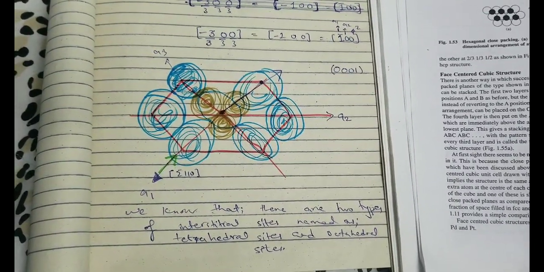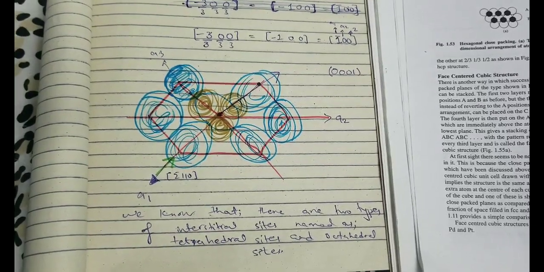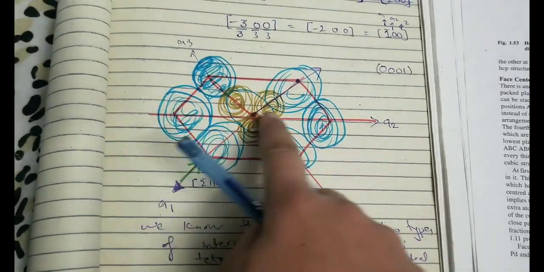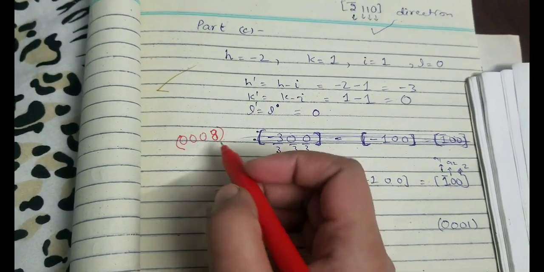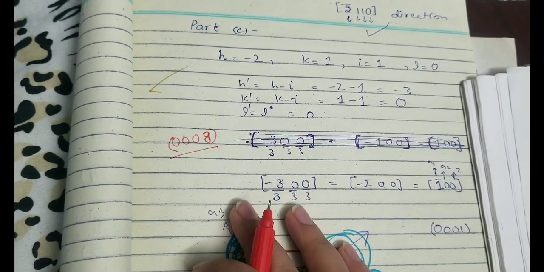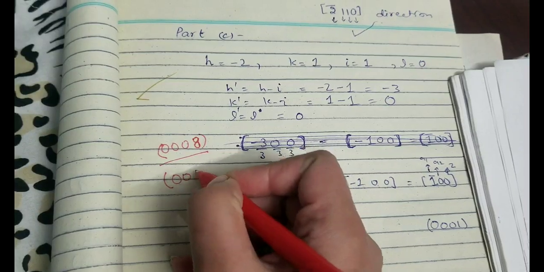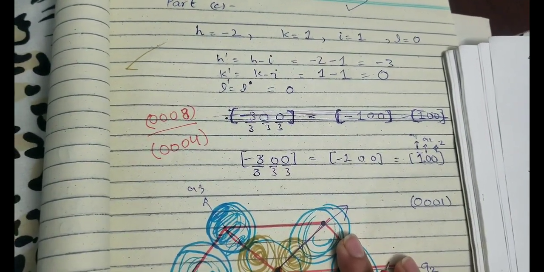I'll just directly mention them here, with hints to remember where their locations will be. In that respect, these triangles help a lot, so do remember them. Tetrahedral atoms are located on the 0008 plane, and the octahedral atoms are located at the 0004 plane.